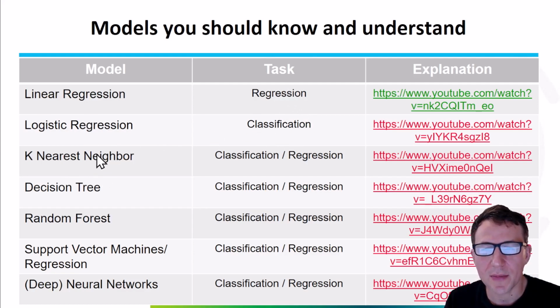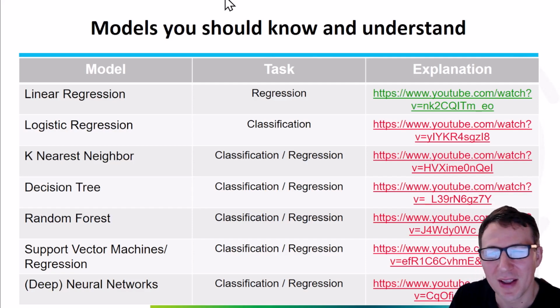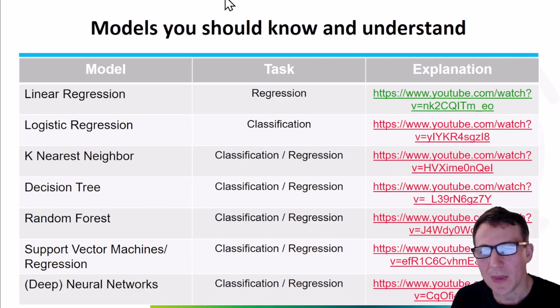Nearest neighbor is a very simple algorithm where you look at a data point, see what your closest neighbors in the feature space say, and then you agree with the majority of them. Then there are tree models, like simple trees and bagged trees, support vector machines, and deep learning models.